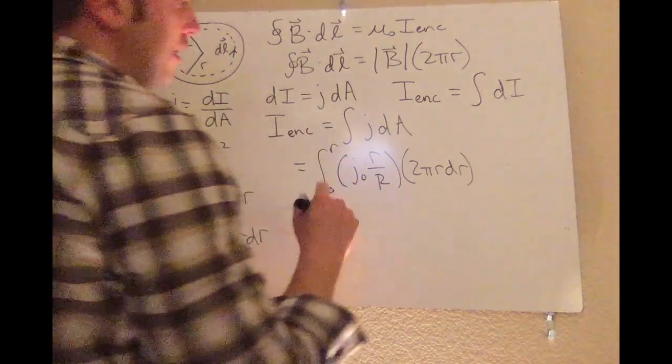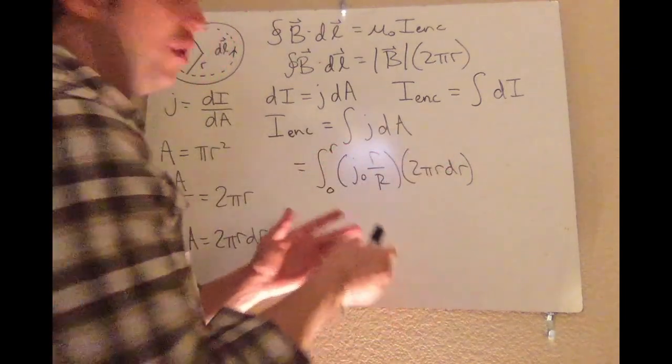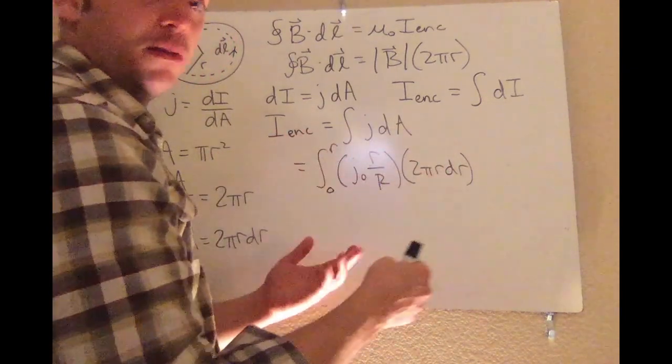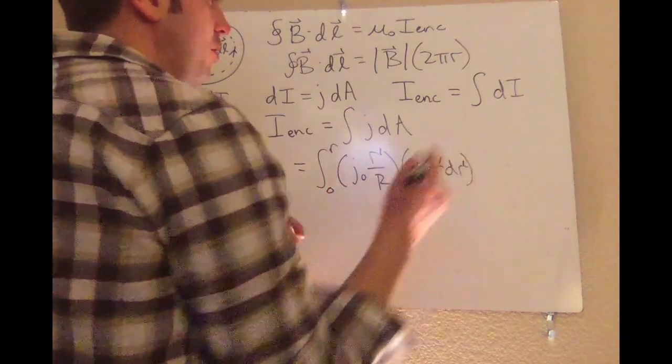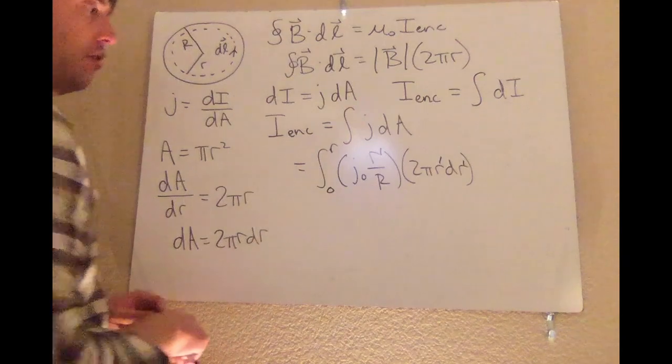Now, if it's getting a little confusing how I have little r in the integration limits as well as here, we can call this r prime just to distinguish the two, if you want to do that.